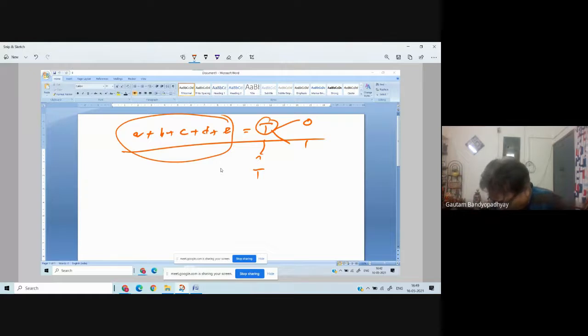Another concept is that all these inputs are continuous variables.